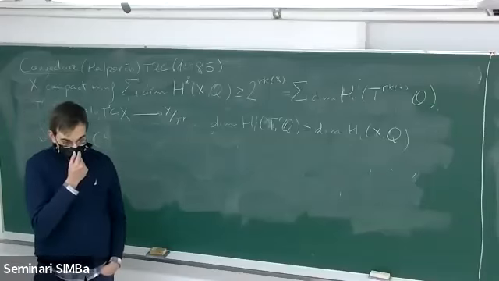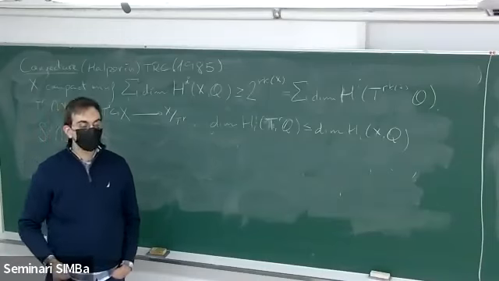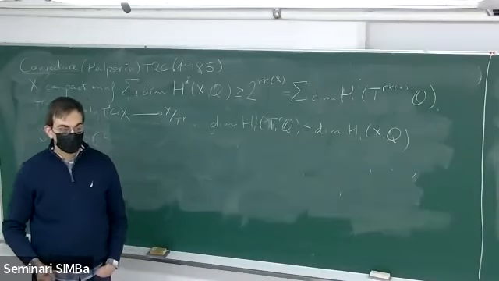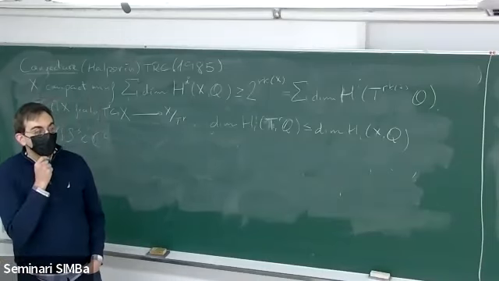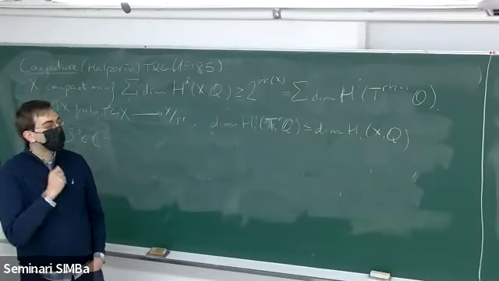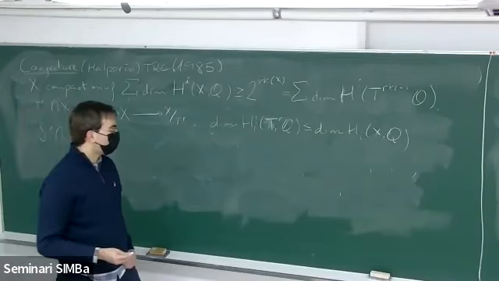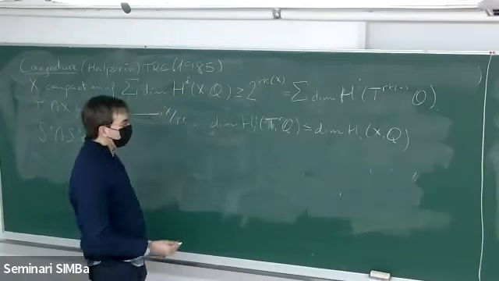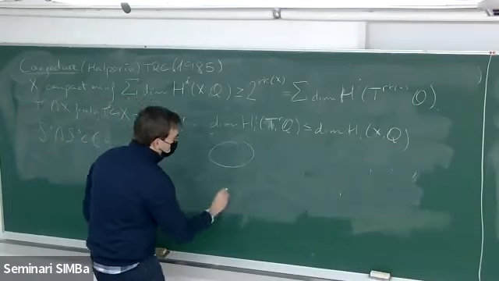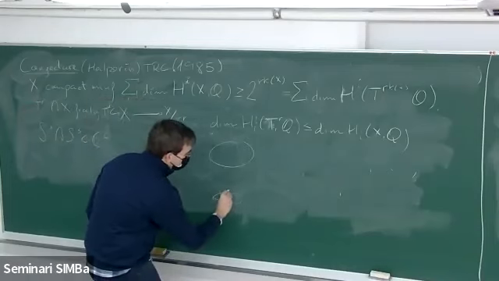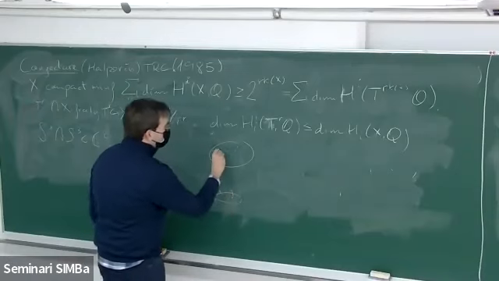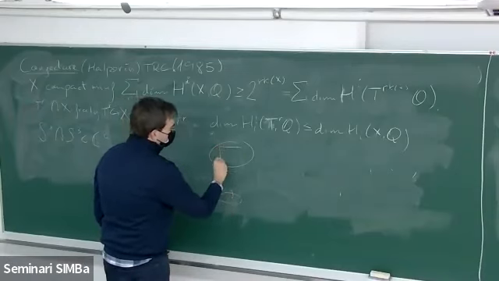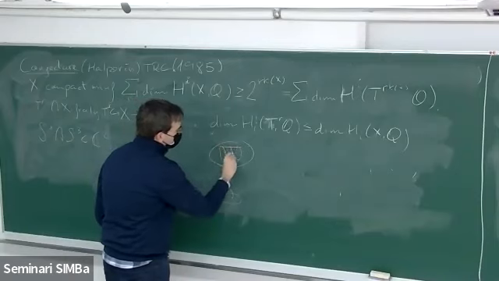A principal G bundle, this definition is generalizing classical bundles, right? So the definition of a classical fiber bundle is that you have the space, you have the base, and then you take the open sets, and you have the fibers.